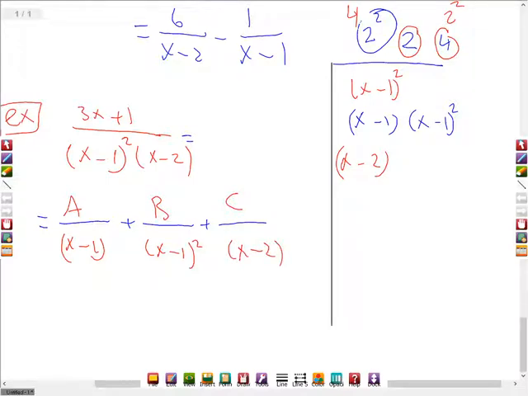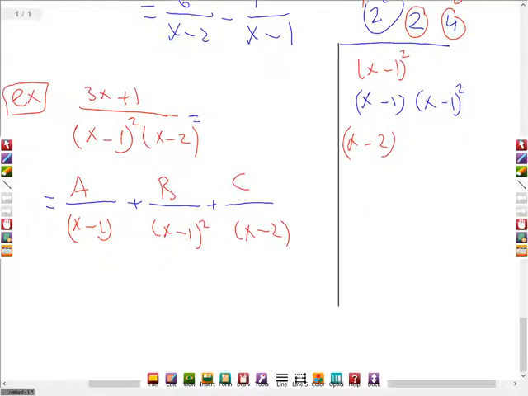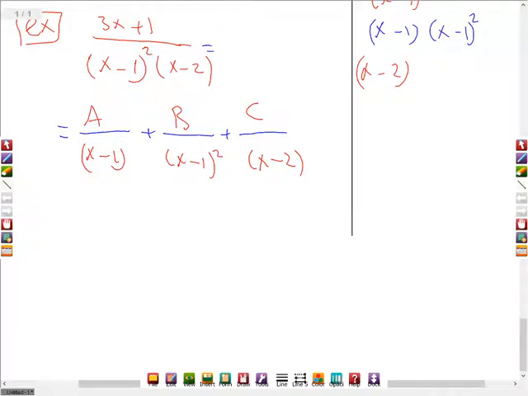I need 3 constants, A, B, and C. Good. Let us simplify the right side. My denominator is what? Look, the right side.